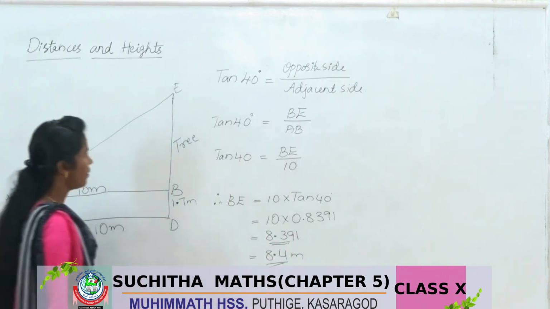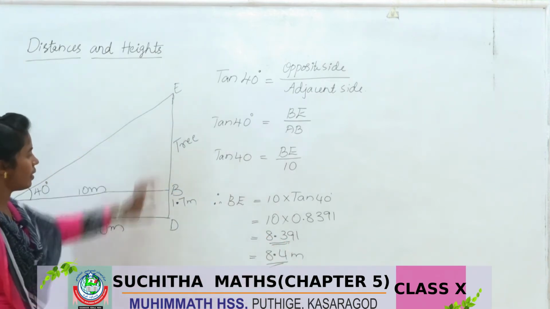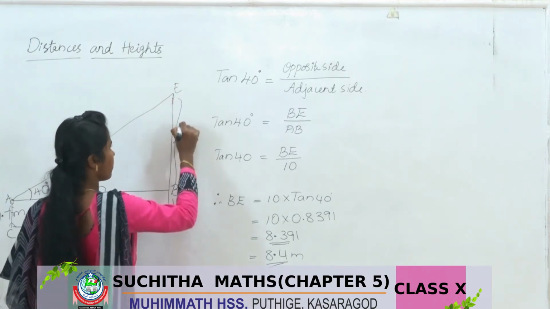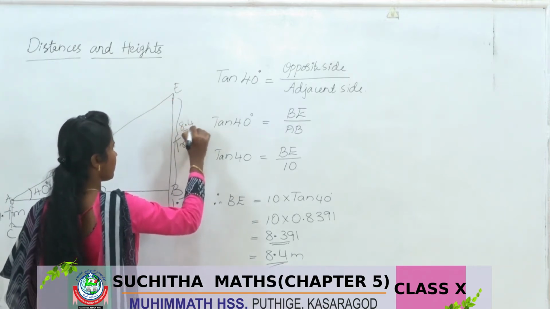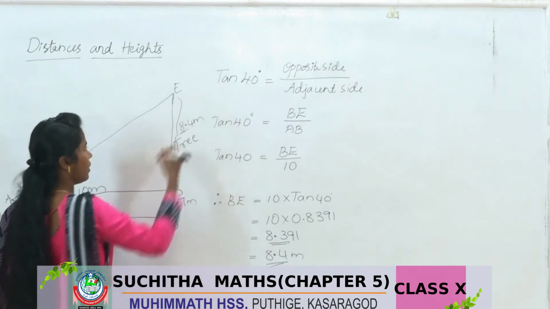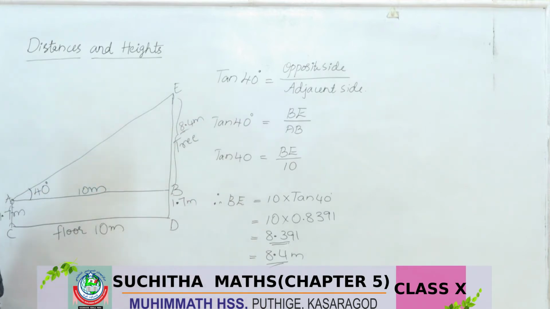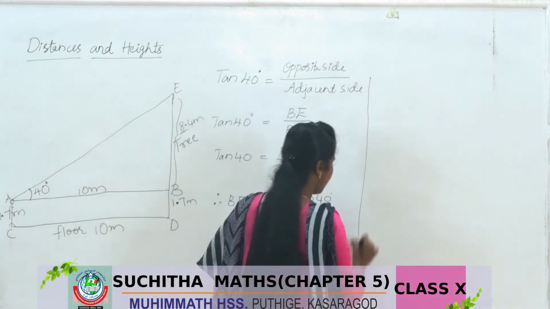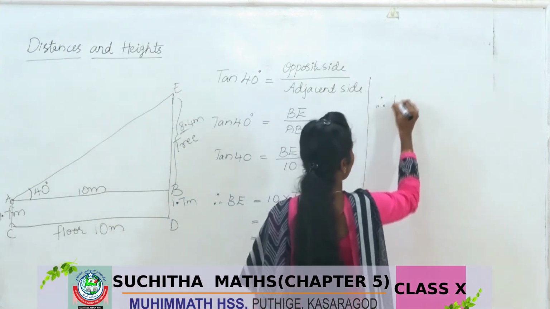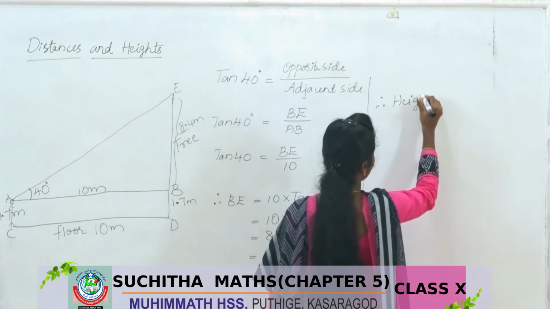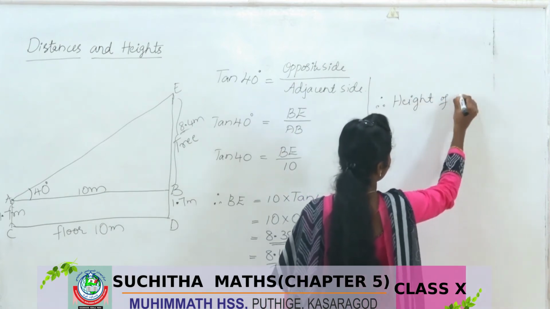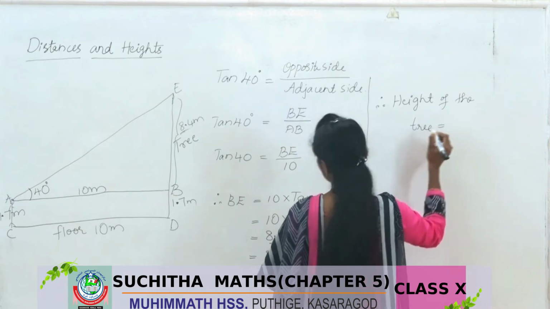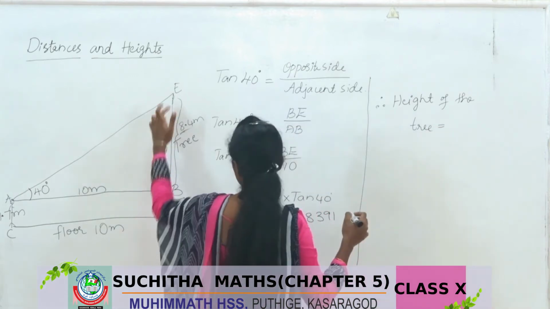That is, the length of BE is 8.4. This length is 8.4 meter. Therefore, the total length of the tree, that is, the height of the tree, equals BE plus BD.